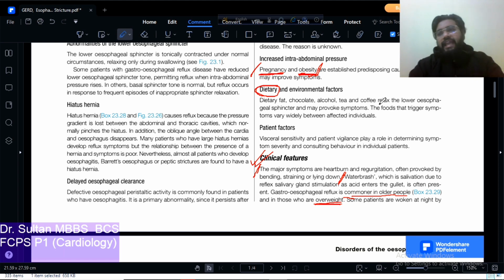Some people say they have heartburn only during bending, straining, or when they lie down on bed. So these are the principal and very frequent features of the reflux disease.